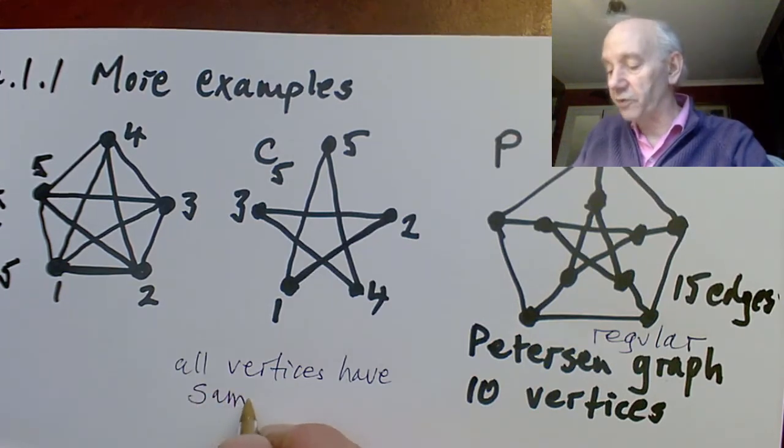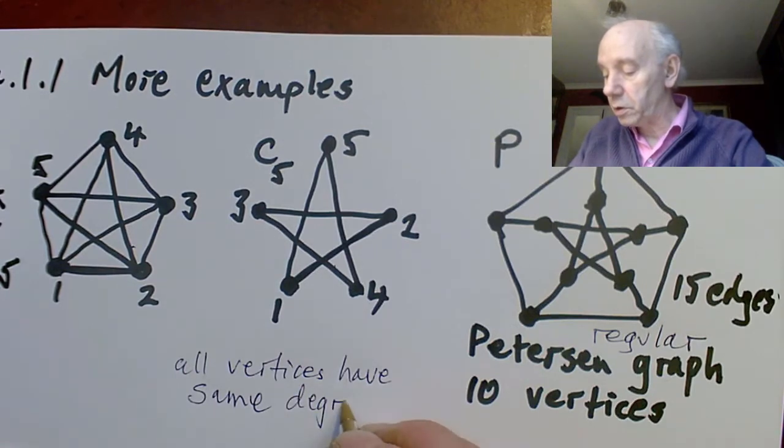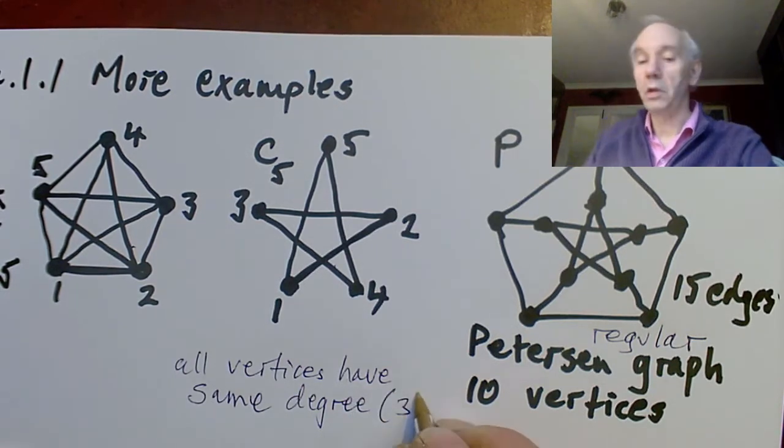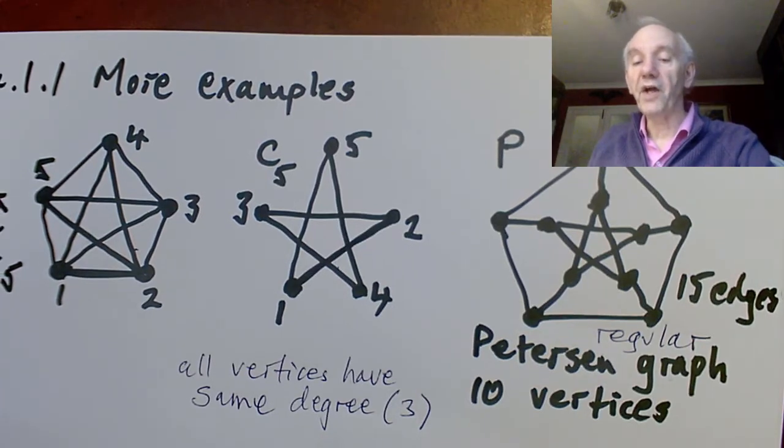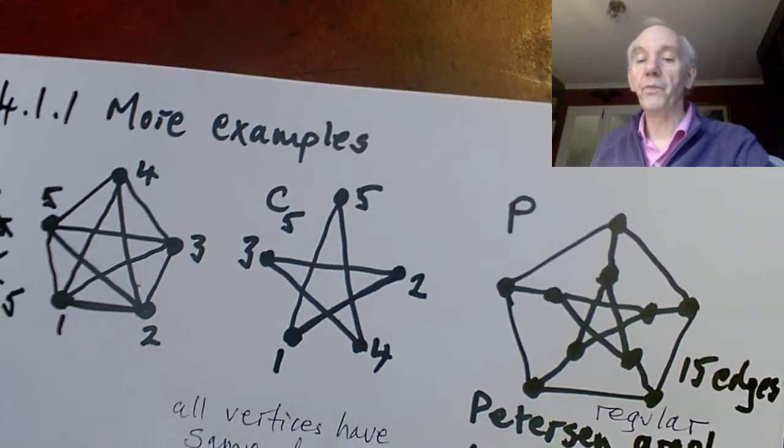In the 2 graphs on the left, it's 2, of course. But in the Petersen graph, they all have degree 3.